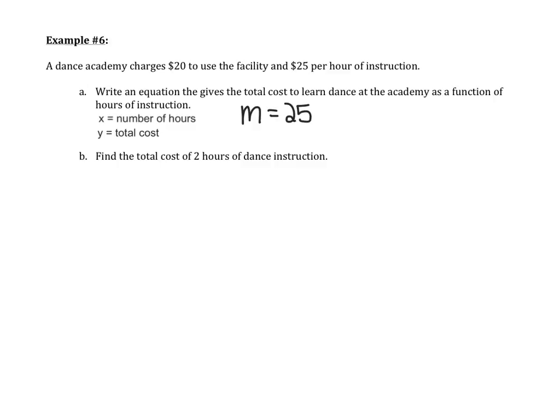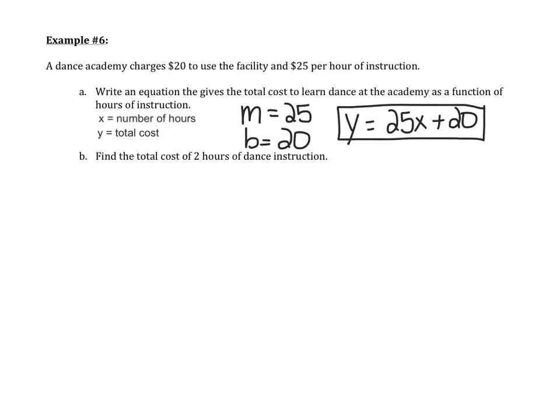So that's my initial amount, so B equals 20. So my equation would be Y equals, so the total cost equals $25 per hour, so times X, plus that $20 initial fee for using the facility.